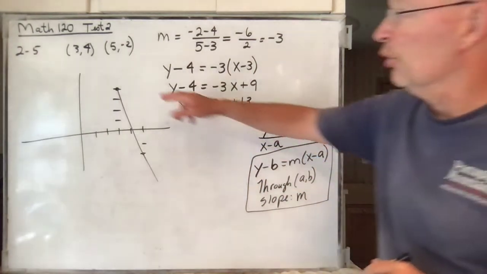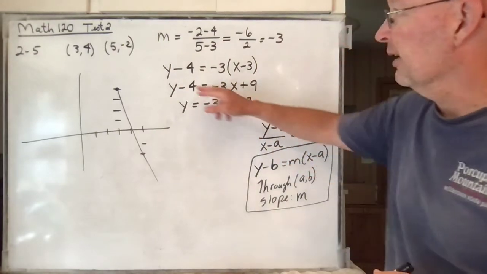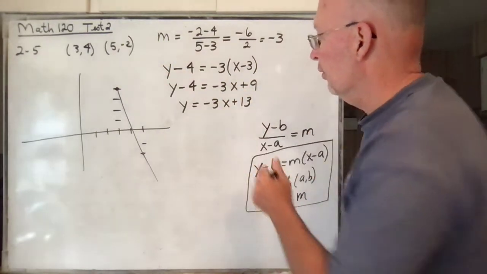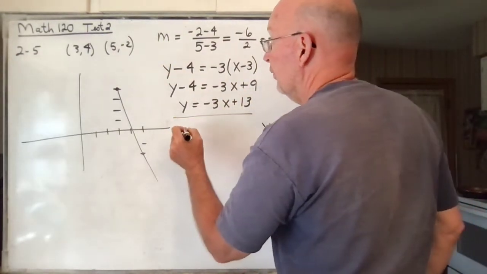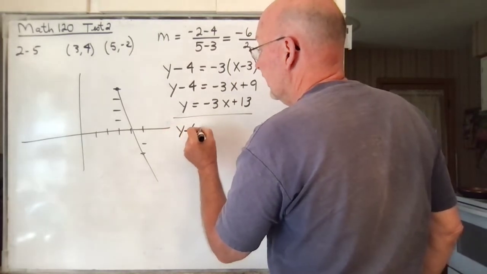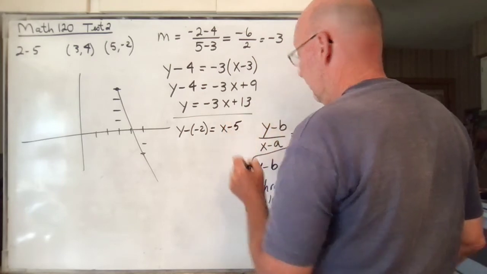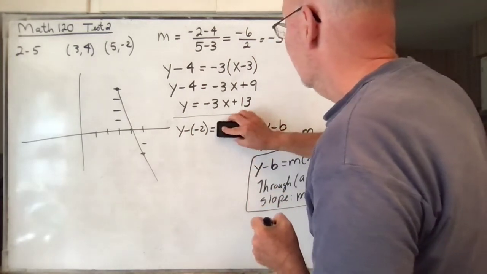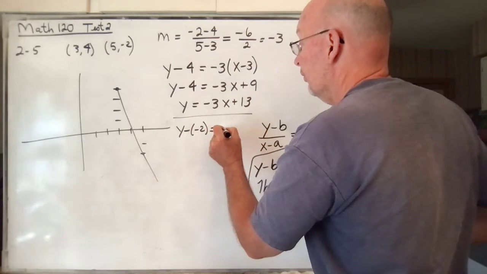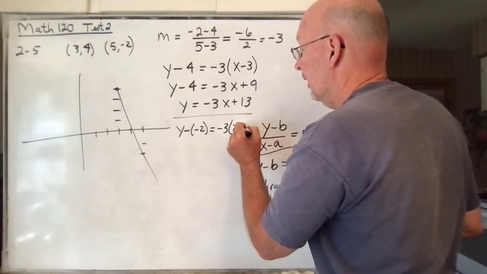If you would have chosen this other point, you would have gotten the same thing. Let's go ahead and do it just for practice. If you would have gone y minus a negative 2 is equal to the slope times x minus 5, so negative 3 times x minus 5.